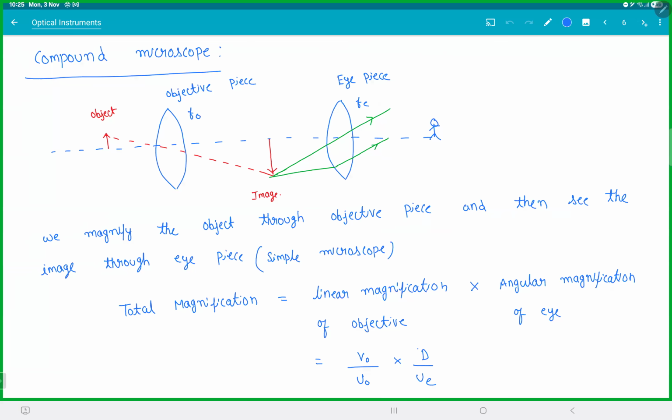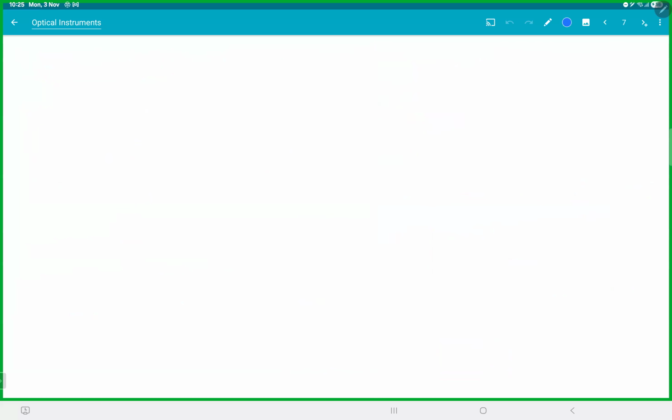So when you combine this, again we have two cases, the normal adjustment or the near point. This is what is given in NCERT as a direct formula though. Whenever you hear the word normal adjustment, meaning the final image or the final rays have become parallel.